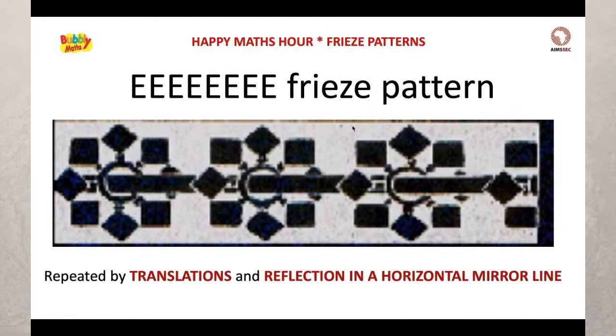It doesn't reflect on the vertical, but on the horizontal, straight through that line in the middle, it's the same top and bottom. Exactly. So it's got the horizontal reflection line, but no rotational symmetry. And of course, it says at the bottom, it's got translations and reflections in a horizontal mirror line.